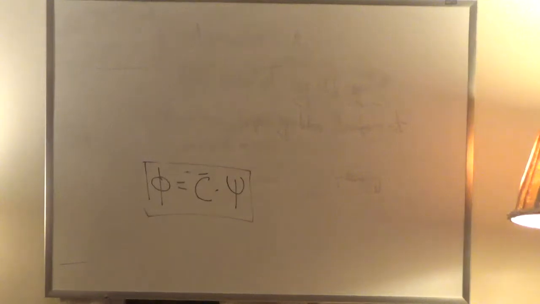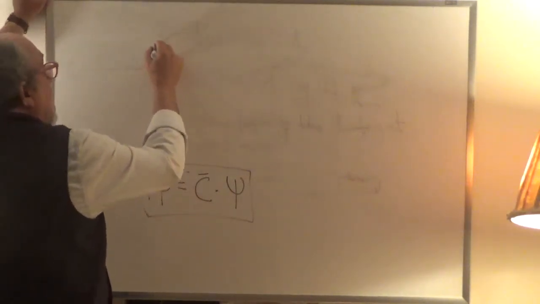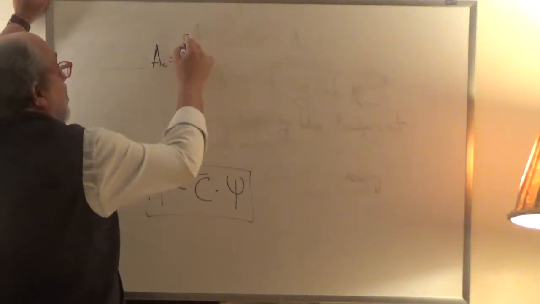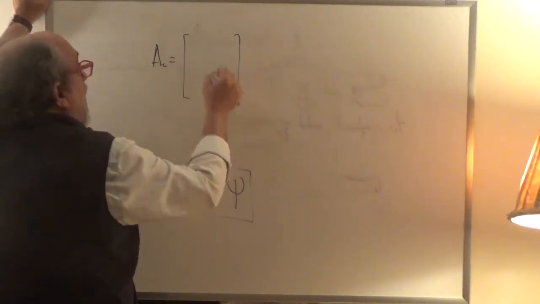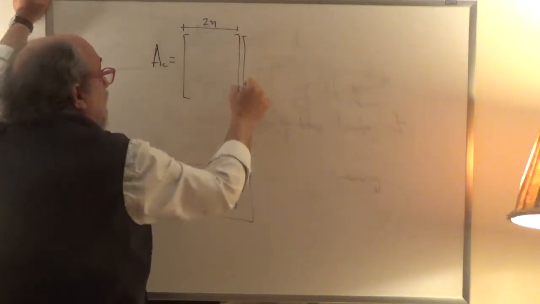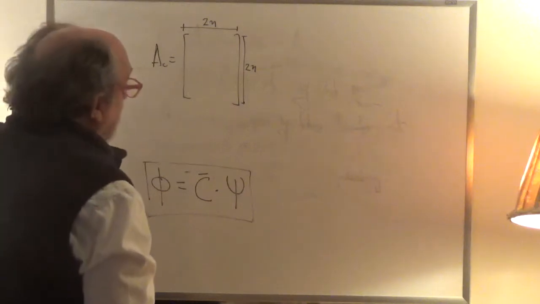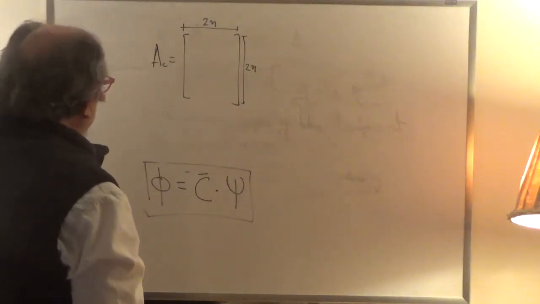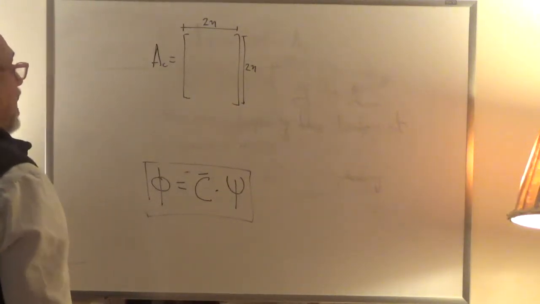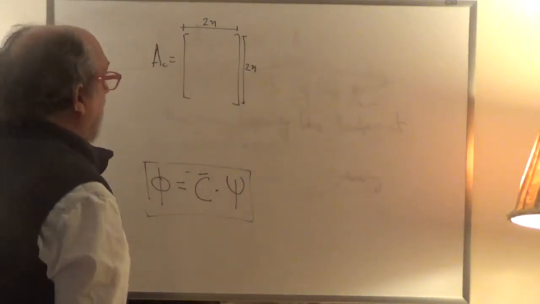When you calculate, remember the matrix A is 2n by 2n, right? 2 times the number of degrees of freedom by 2 times the number of degrees of freedom. Or in identification, it might not be 2 times the number of degrees of freedom, it might just be whatever you can identify. But the point is that things come in complex conjugate pairs.